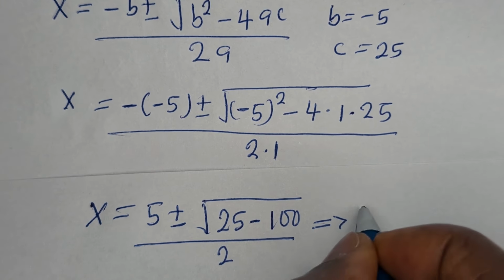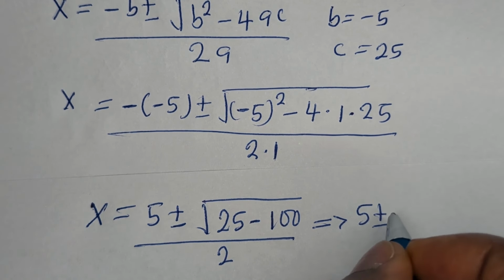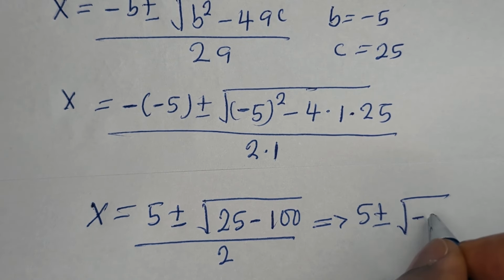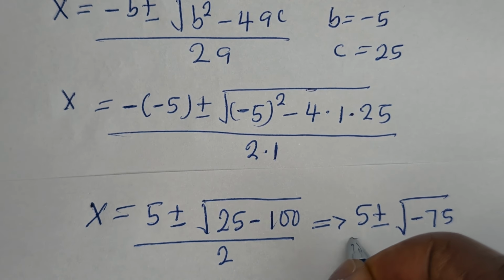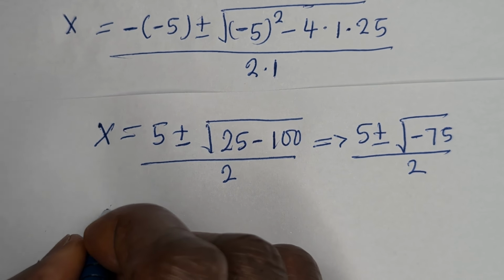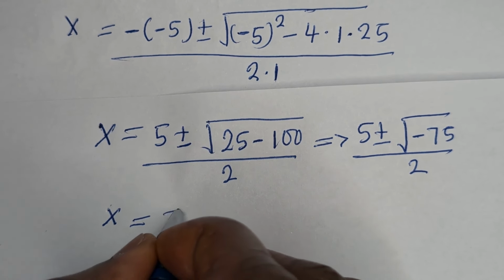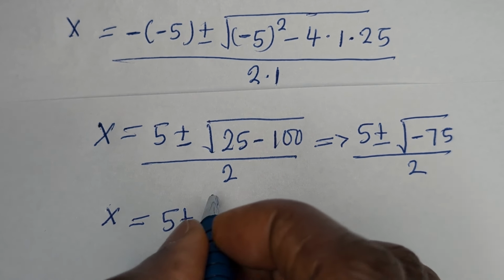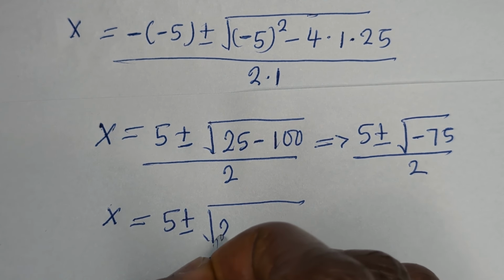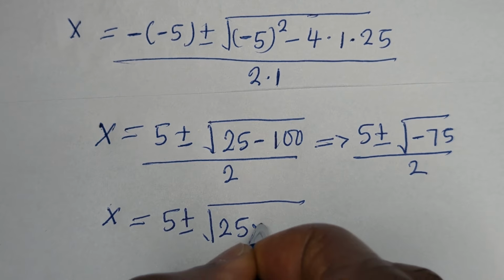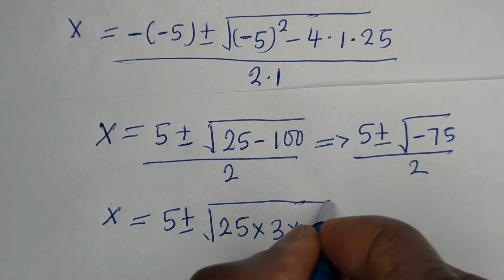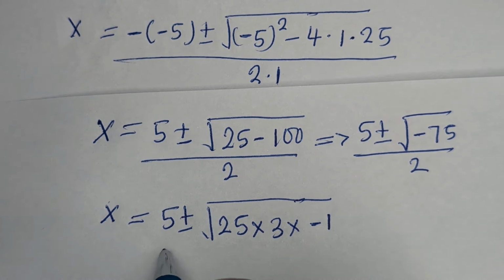And this is the same thing as 5 plus or minus square root of 25 minus 100, that is minus 75, over 2. x is equal to 5 plus or minus, the whole of this can be written as square root of 25 multiplied by 3 multiplied by minus 1, over 2.